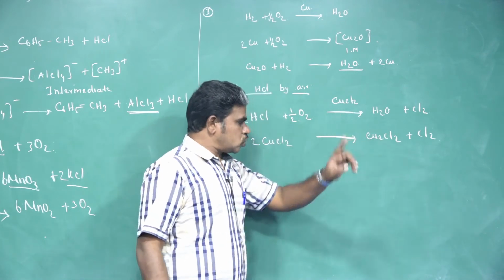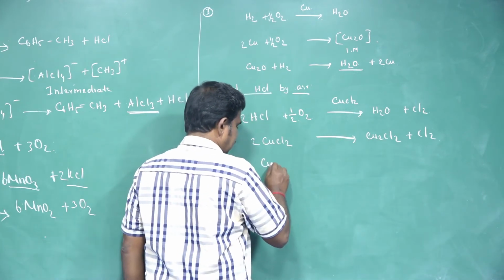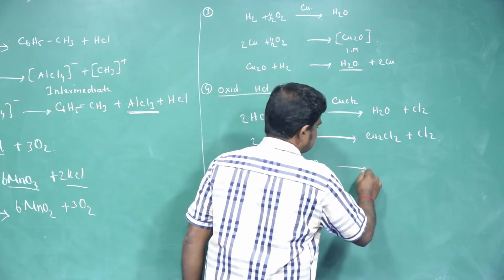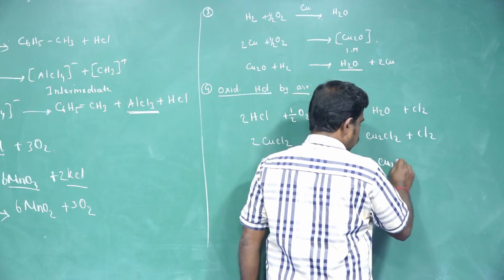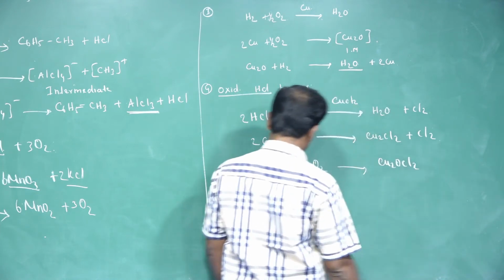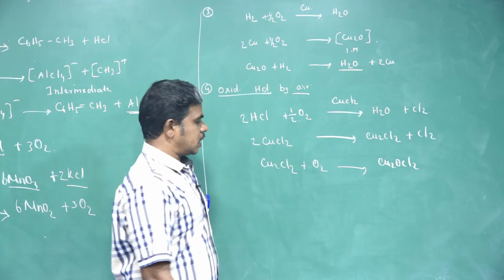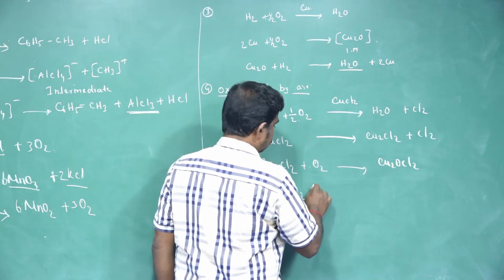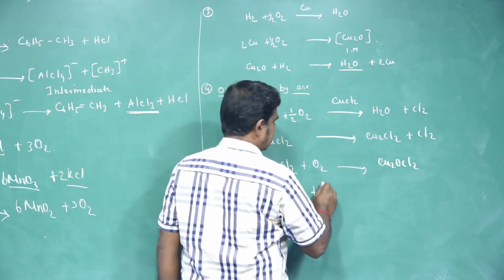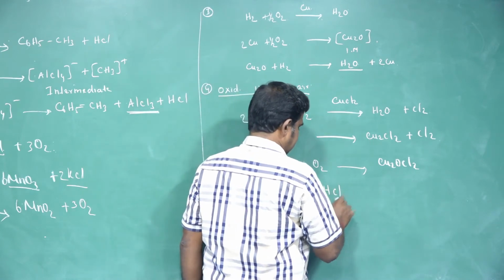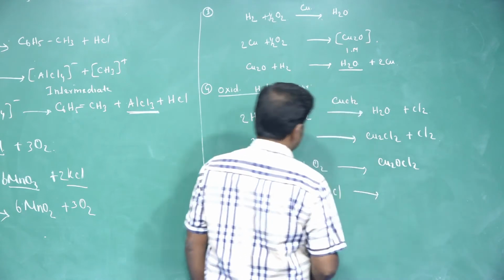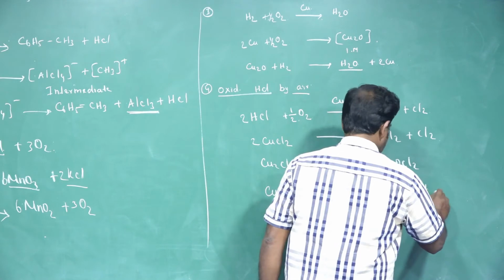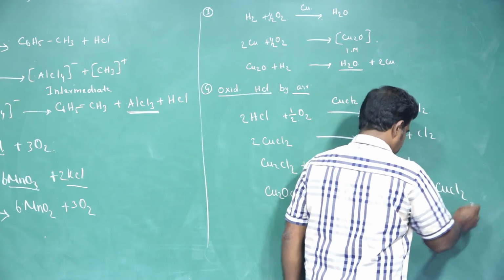Now this Cu2Cl2 reacts with the oxygen and forms Cu2OCl2. Cu2OCl2 reacts with HCl and forms the desired product, that is H2O and CuCl2.